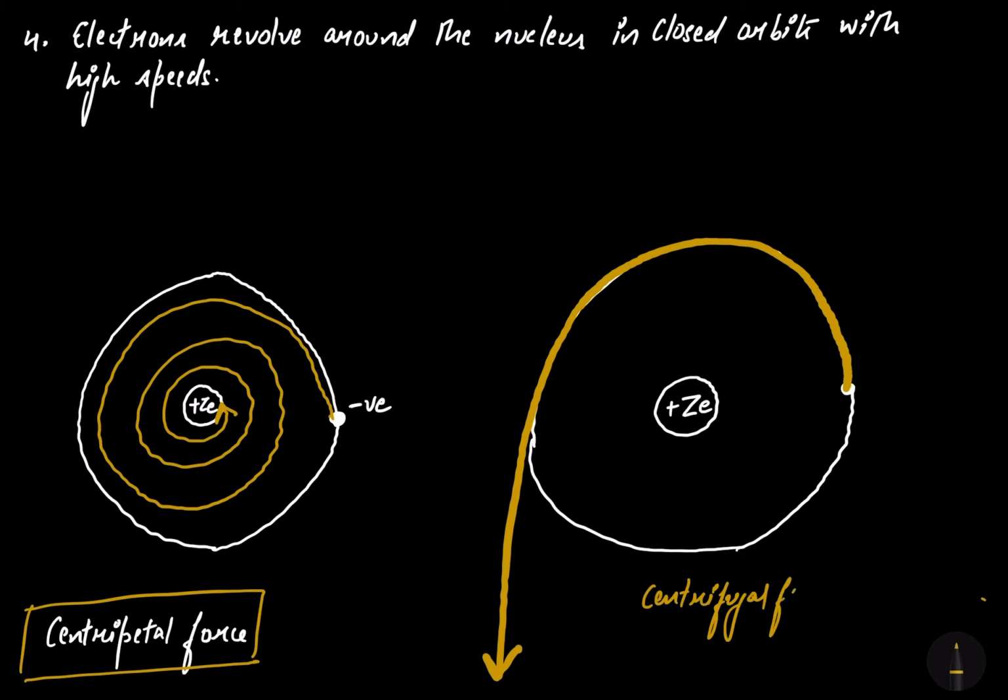So what is the condition if an electron or any body has to revolve in a particular orbit? What will be the condition? The condition will be that the centripetal force and centrifugal force must be equal to each other.